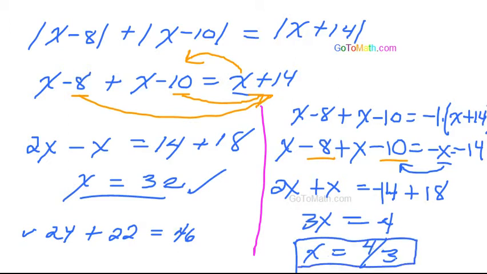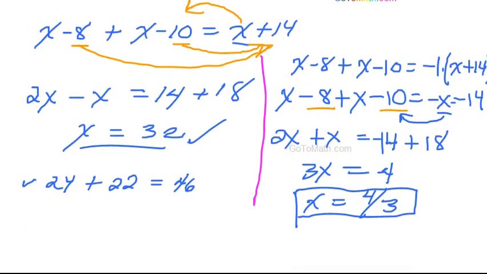And of course you can take that 4/3 and plug it in up here. So we have 4/3. I'll just do this here. 4/3 minus 8 gives us negative 20 over 3, but look at here.